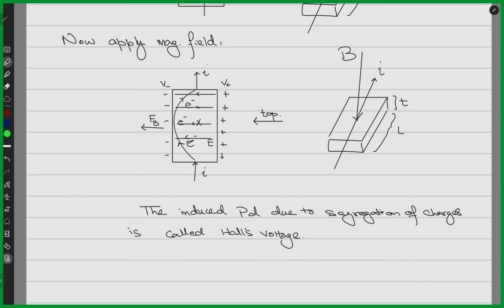And this is essentially the Hall effect, right? Now, if I attach a voltmeter over here and connect it to these two sides, I'll have a reading on this voltmeter, and let's call it VH for Hall voltage.